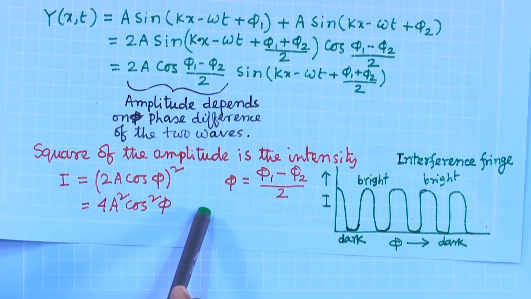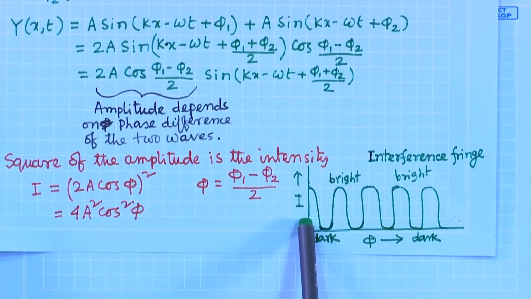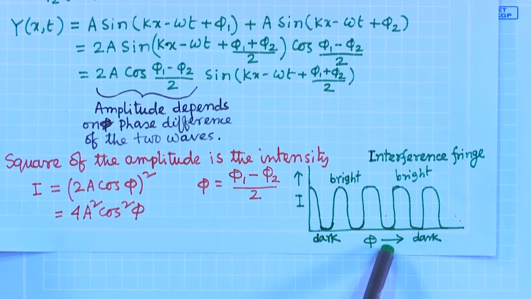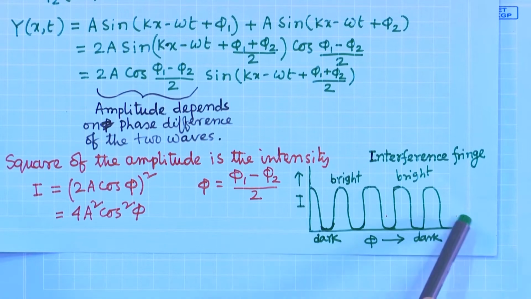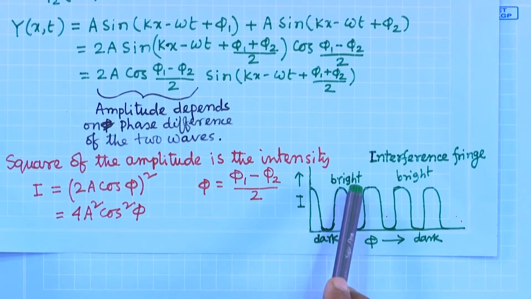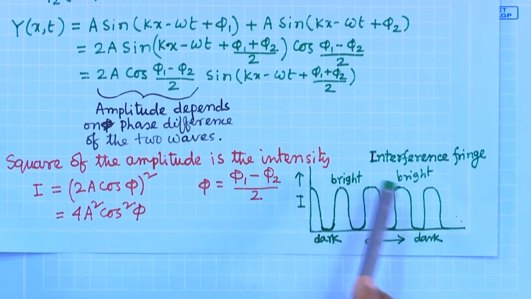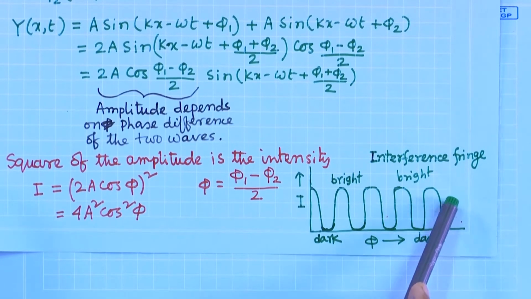If you plot the intensity as a function of phi, we will get this type of variation of the intensity. Basically bright and dark, this kind of contrast we will see, and that is called an interference fringe.